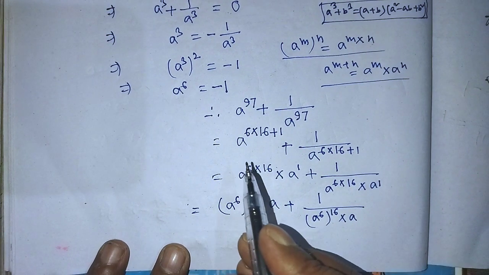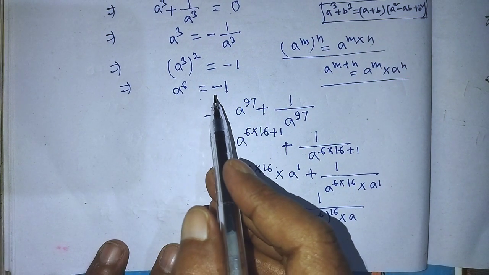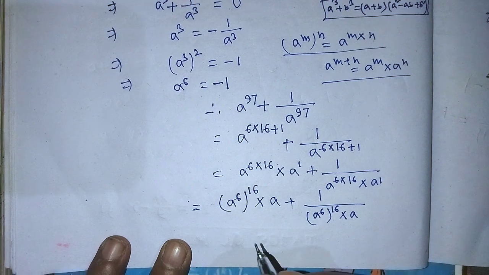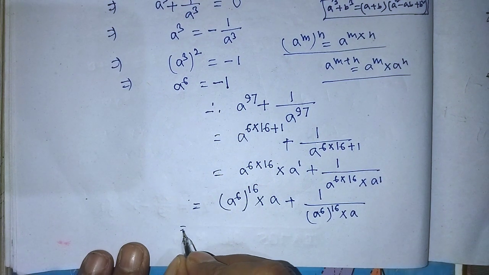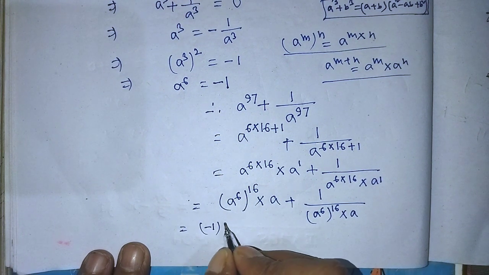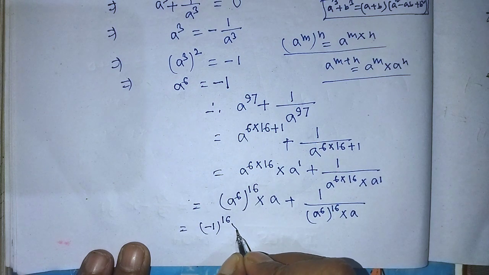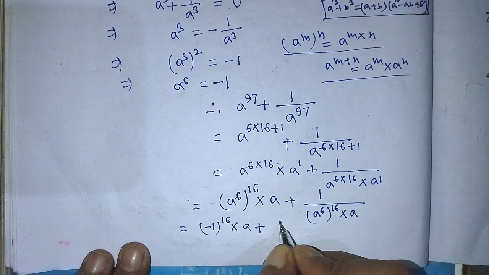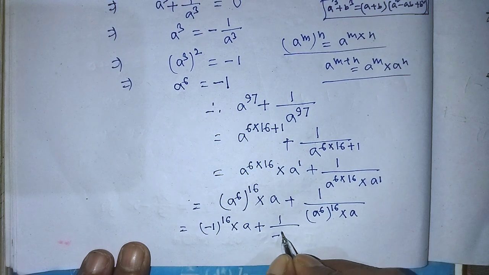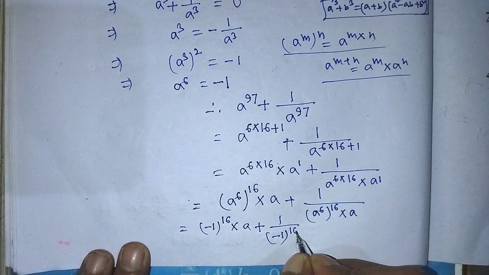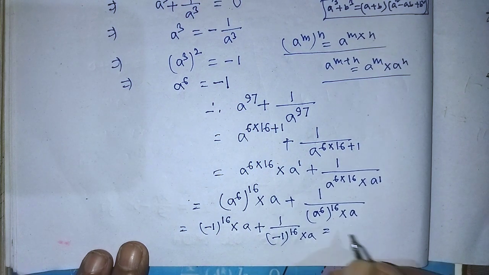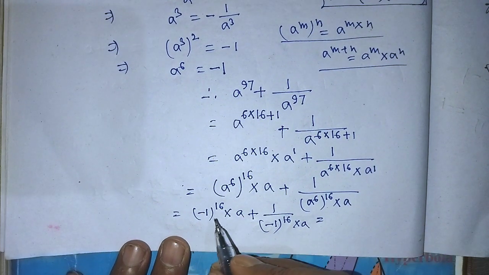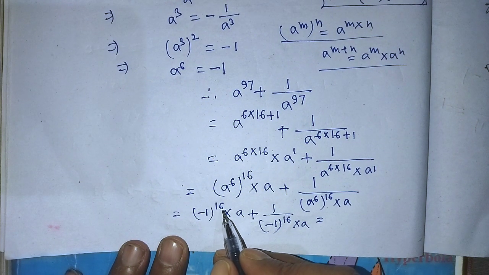We know that the value of a to the power 6 is minus 1. So we can write minus 1 whole to the power 16 into a plus 1 over minus 1 whole to the power 16 into a. So student, in the place of power, here is 16.